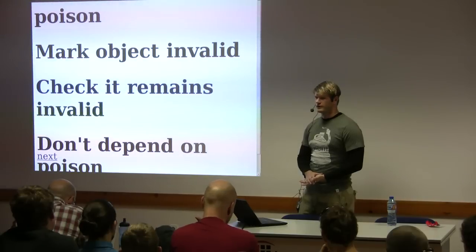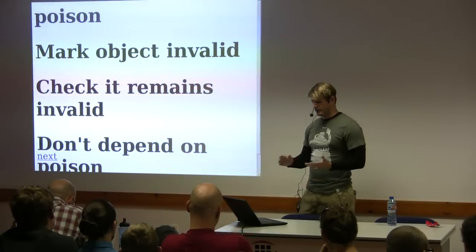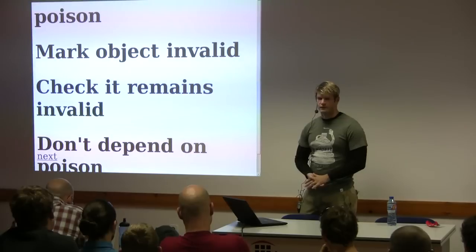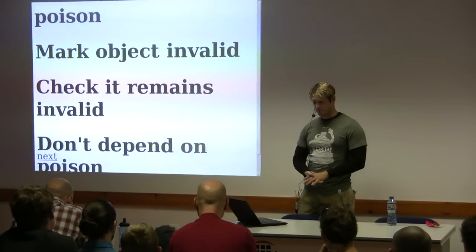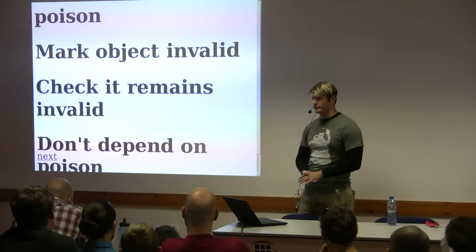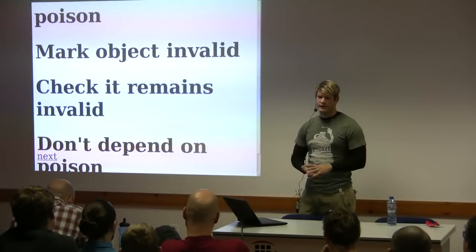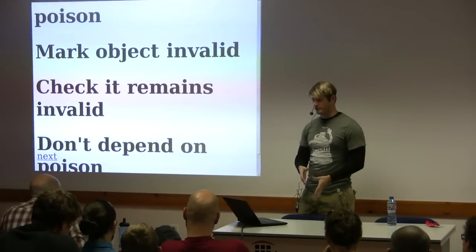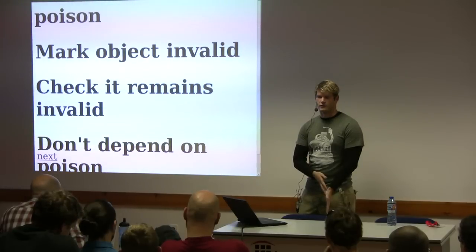Poisoning an object can be as simple as overriding the memory with a simple pattern, but it can also be considerably more complex. For instance, you can try to pick a fill pattern that is deliberately designed so that pointers are invalid.